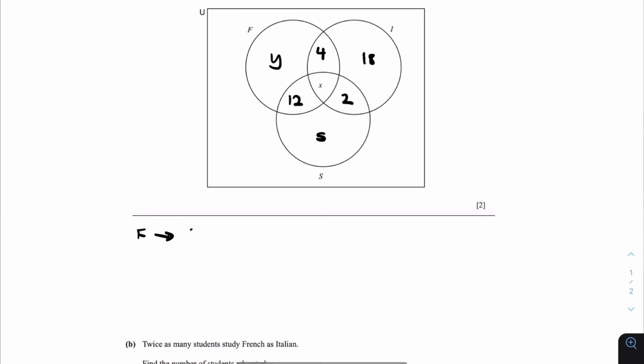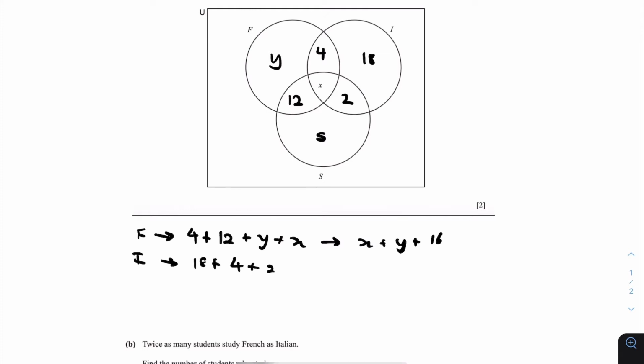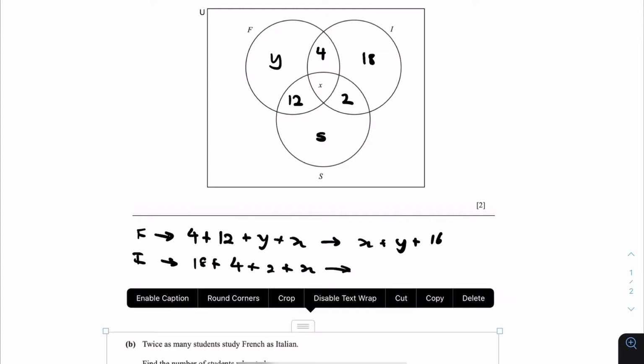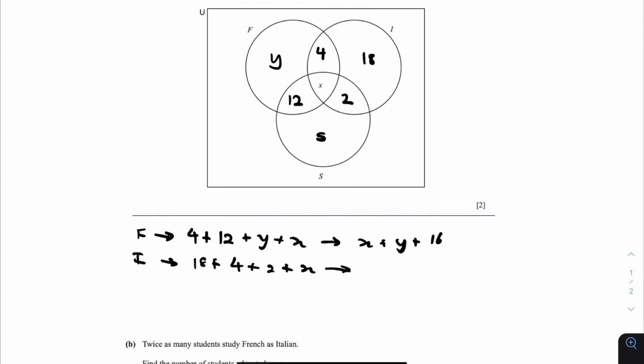So that's 4 plus 12 plus Y plus X, sorry, as well, which is the same as X plus Y plus 16. With Italian, it's 18 plus 4 plus 2 plus X, which gives us X plus 24.